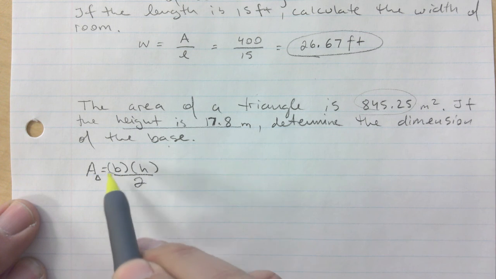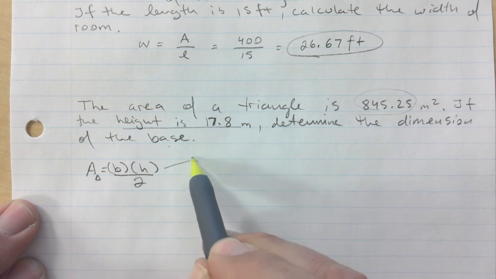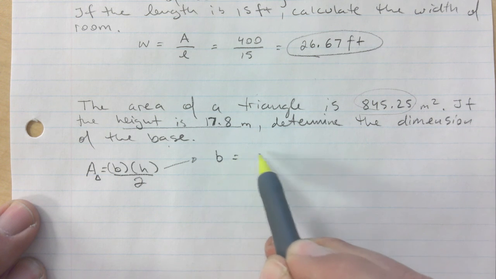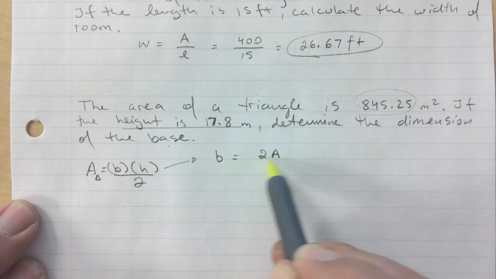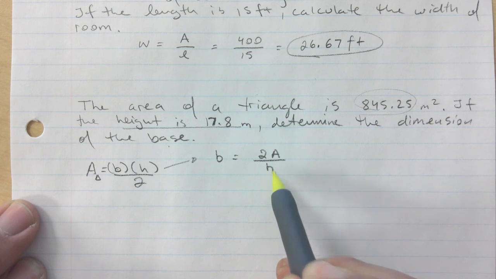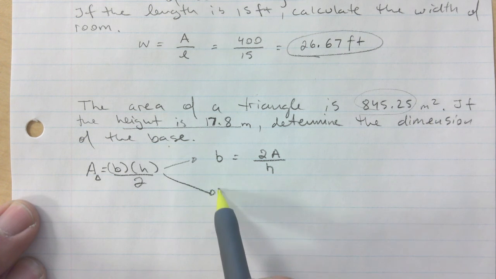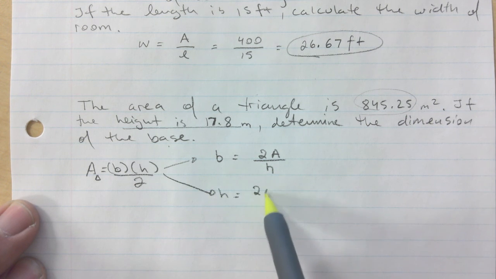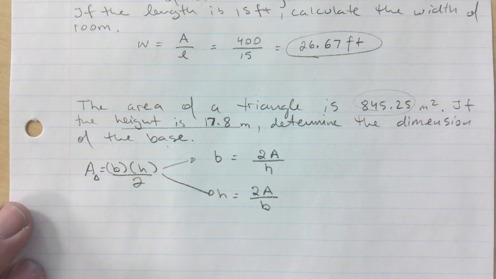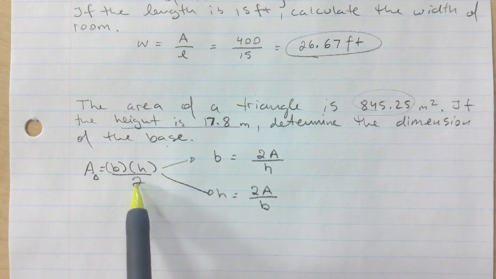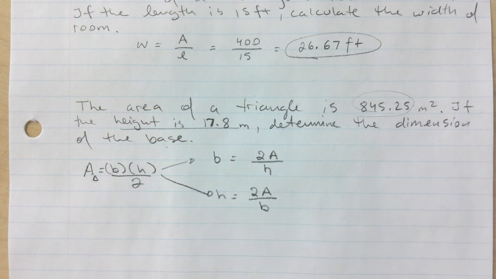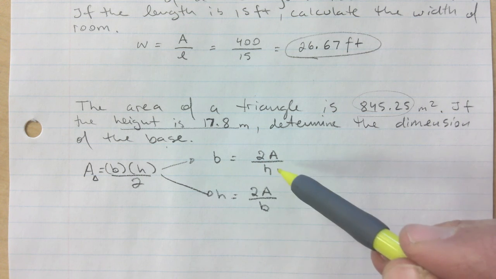Okay. If you want to know the base, you would go 2 times area divided by height. If you want to know the height, you go 2 times area divided by base. And you notice that there's a 2 here, and that's where that is coming from. So which one are we choosing? We're choosing this one because we want to know the base.